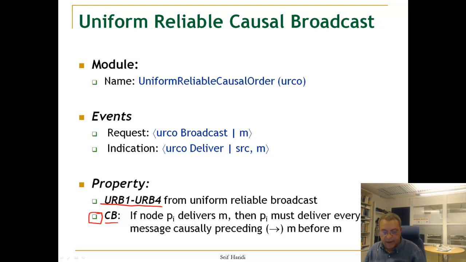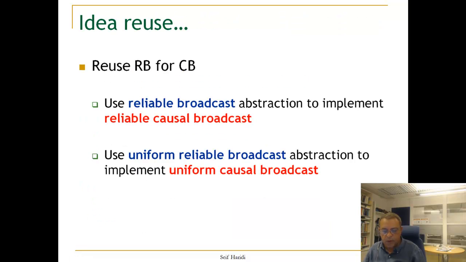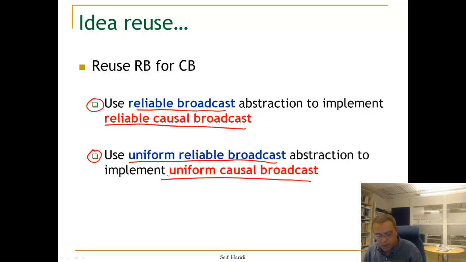That's it. In fact, this just gives us an idea about how to implement causal broadcast in the different forms: the regular reliable, or the uniform reliable. And that's what we're going to do. We are going to use reliable broadcast to implement a reliable causal order broadcast, and use uniform reliable broadcast to implement a uniform causal broadcast.